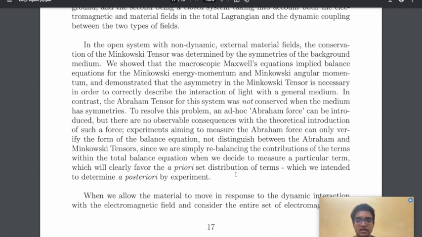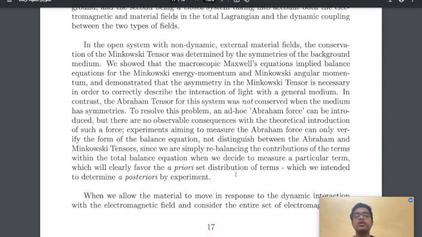Because when you say that, okay, I'm going to measure the Abraham force, you are already... So both of these, when taking the Minkowski tensor or the Abraham tensor, both of these satisfy the same balance equations, but the terms within the balance equation get shifted around when you take the Minkowski tensor or the Abraham tensor.